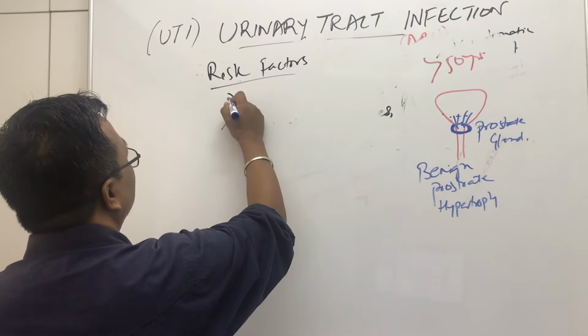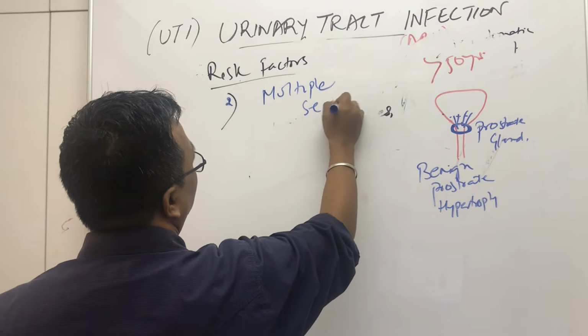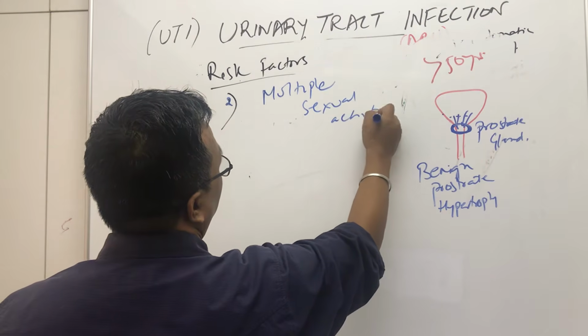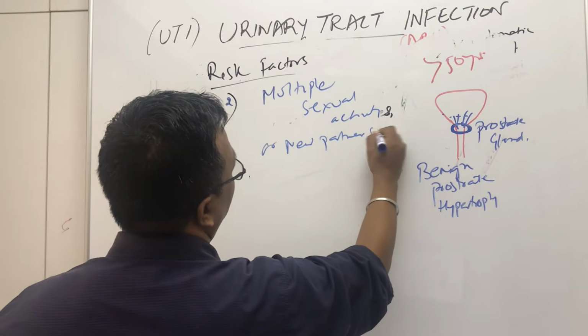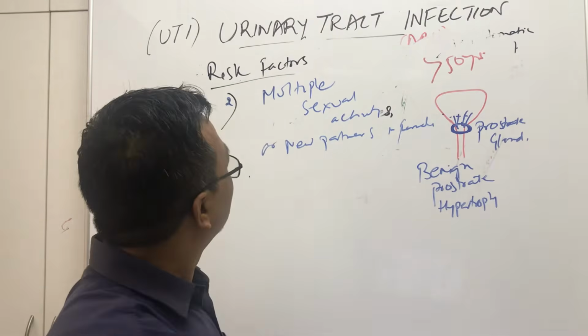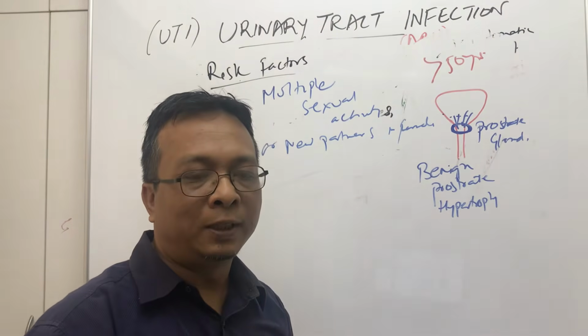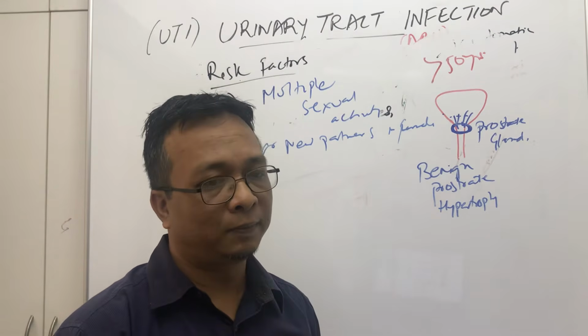Other risk factors are multiple sexual activity or new partners, in females especially. Any sort of multiple sexual activity or new partners always increases the risk of UTI in females.